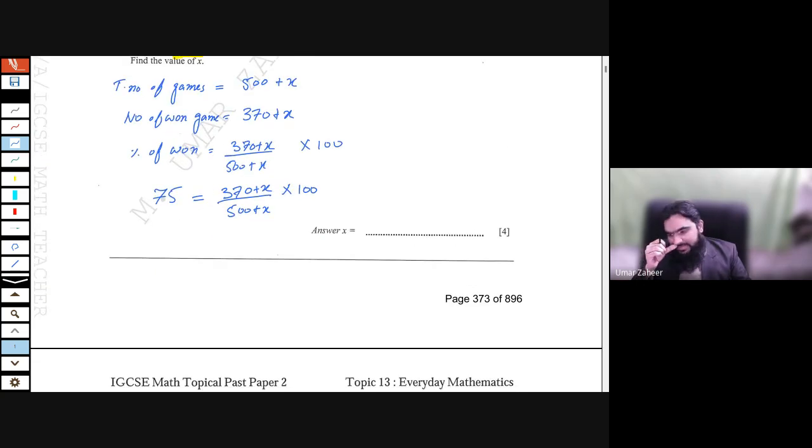Now this is the expression that you have to simplify. This is a simple algebraic equation. You have to simplify it to find the value of x. Now 100 is multiplying on one side, so it will be divided: 75 divided by 100, multiplied by 500 plus x, is equal to 370 plus x. 25 times 3 is 75, 25 times 4 is 100.